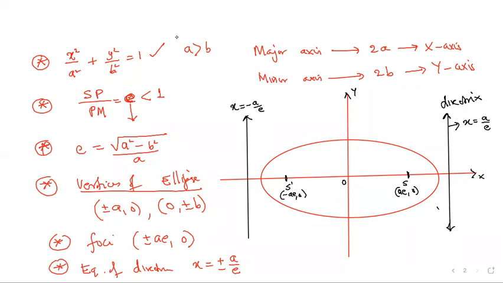What do you call this point? The center of the ellipse. This is what? Foci, or focus, you can call it. Singular is focus. This is also another focus.